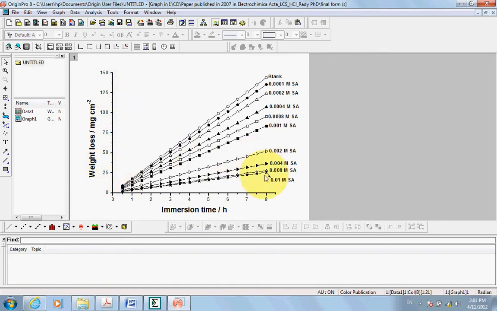We have 10 concentrations, so we have 10 straight lines. The points on the straight lines are too good to be experimental, and on each straight line we have 1, 2, 4, 6, 8, about 16 points.